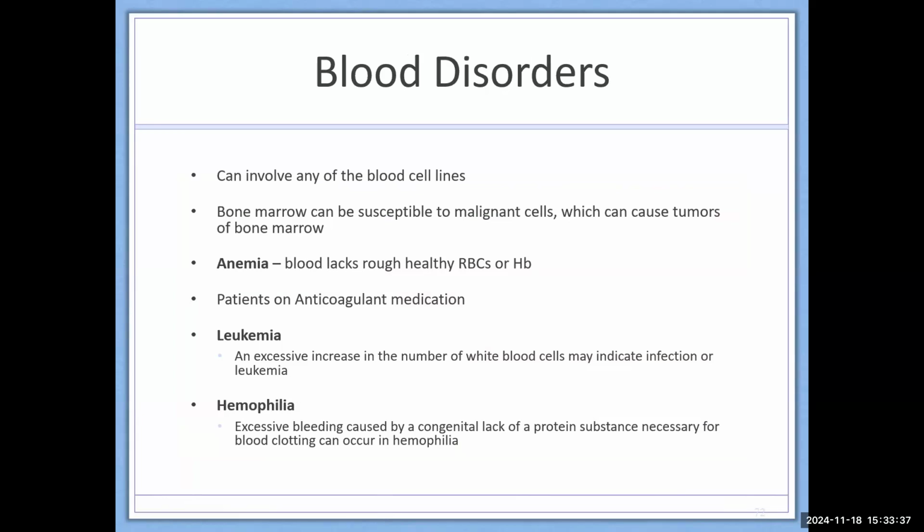Sometimes patients are on anticoagulant medication, where the medication causes the blood not to clot, leading to a blood disorder. And with leukemia, there's an excessive number of white blood cells, and that indicates some sort of infection going on or leukemia. And then there's hemophilia, where there's excessive bleeding caused by a congenital lack of protein substance necessary for blood clotting.